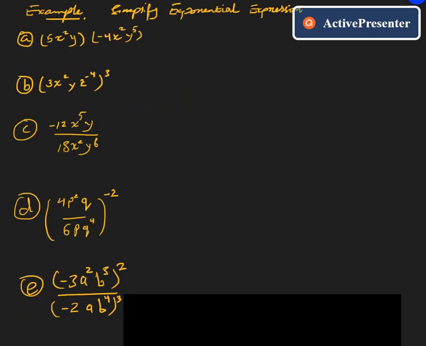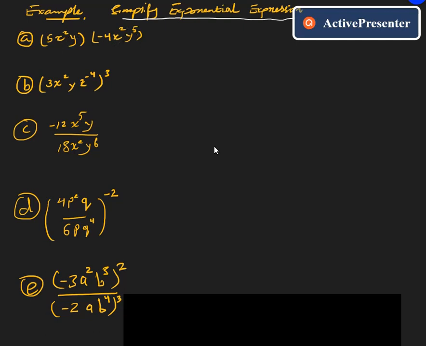Now let's take examples to demonstrate our understanding. Simplify the exponential expression: 5x squared multiplied in y, between parentheses, multiplied in minus 4x squared y to the power 5, between parentheses. We see x here and x here, and y here and y here. You combine the powers of x and the powers of y.